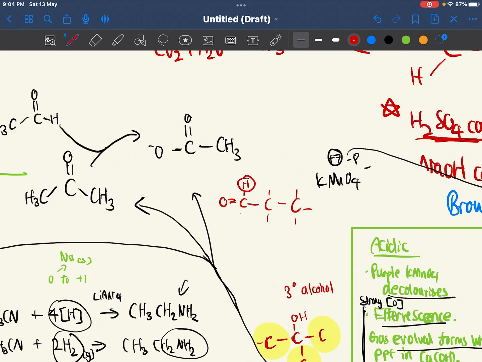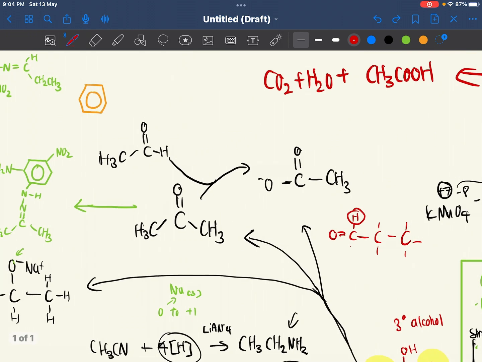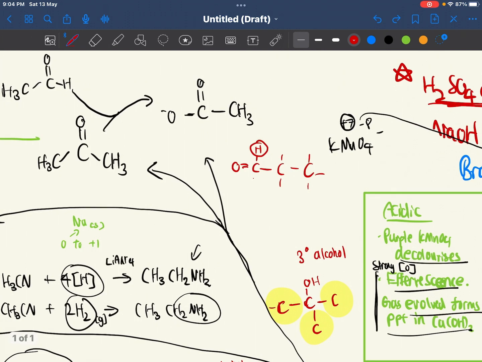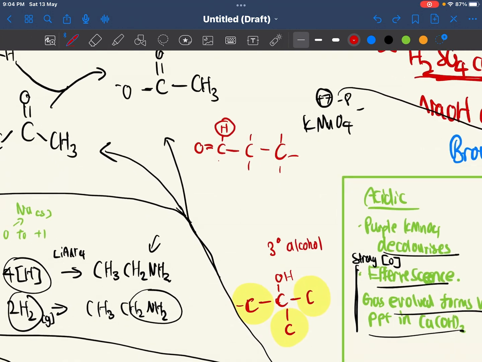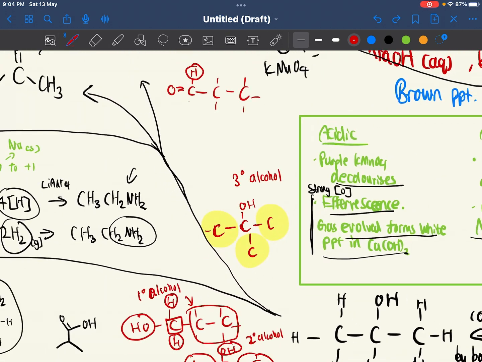I must have a hydrogen atom here, and the H that was previously bonded to this O must be gone. That's why I cannot have a tertiary alcohol becoming a carbonyl compound. So whenever an elucidation question asks you, and you deduce that an alcohol has been oxidized to form a carbonyl compound, you must say it's either a primary or a secondary alcohol.